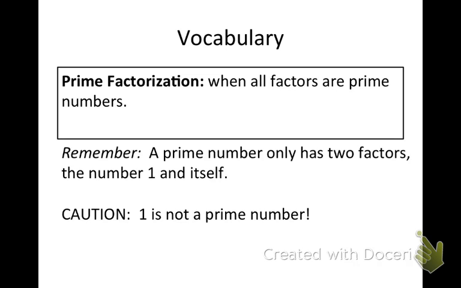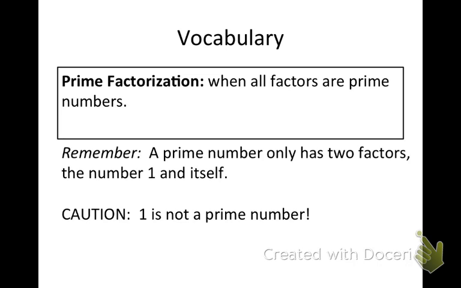When I say the word factor, in your head you should be thinking of a number that multiplies with another number. So a monomial times a monomial would be factors. Remember that a prime number only has two factors, 1 and itself. We have to remember that 1 is not a prime number.